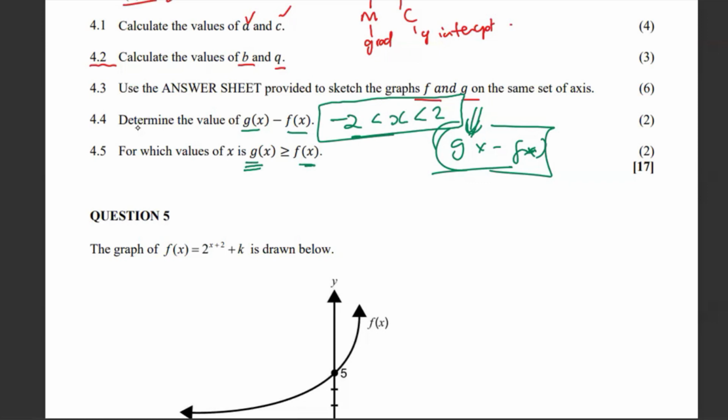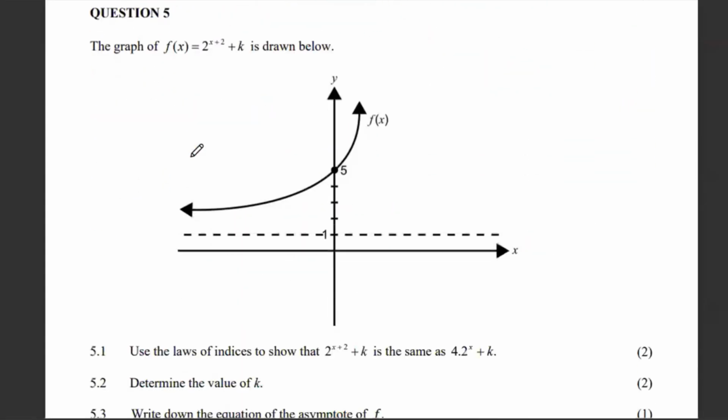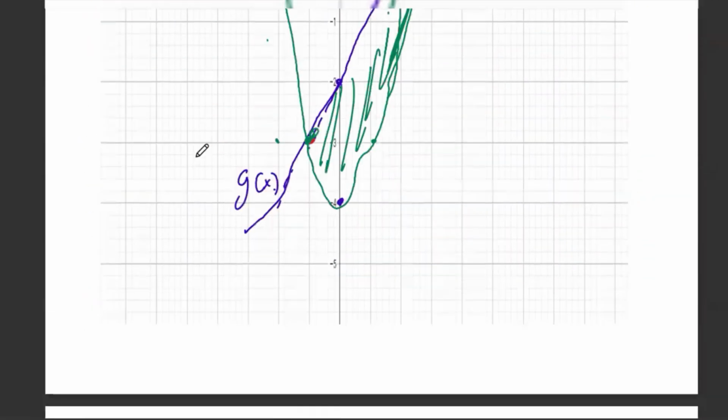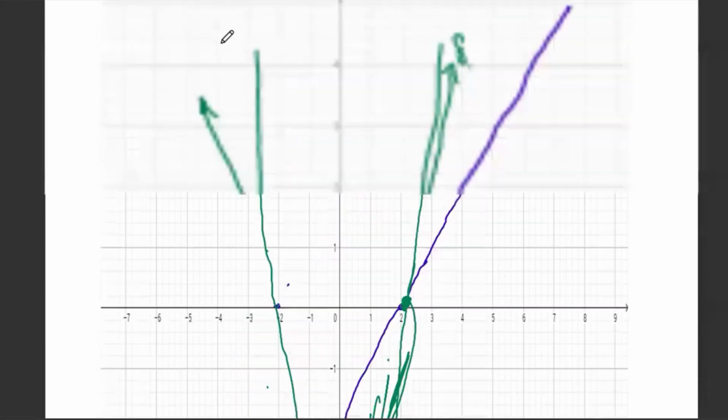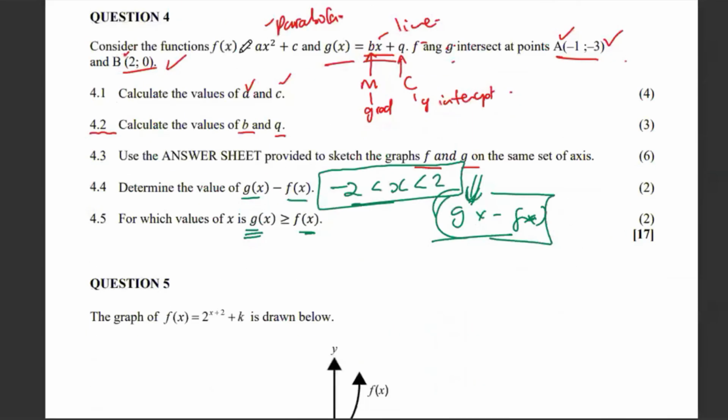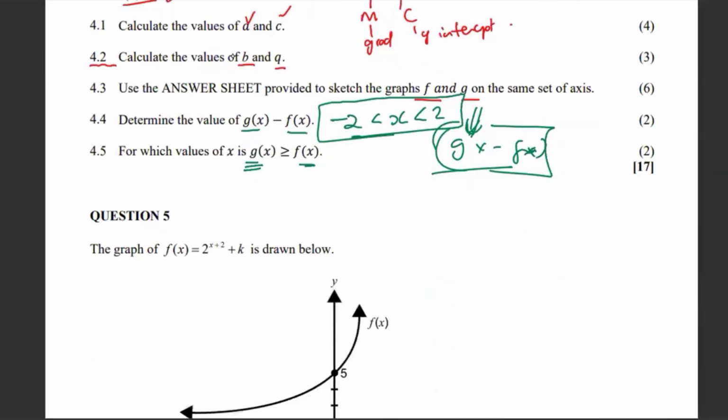Where is g greater? I think that's the region where g is greater. Okay, so let me just answer the second question first before I answer the first one. So this is going to be -2 less or equal to x less or equal to 2.